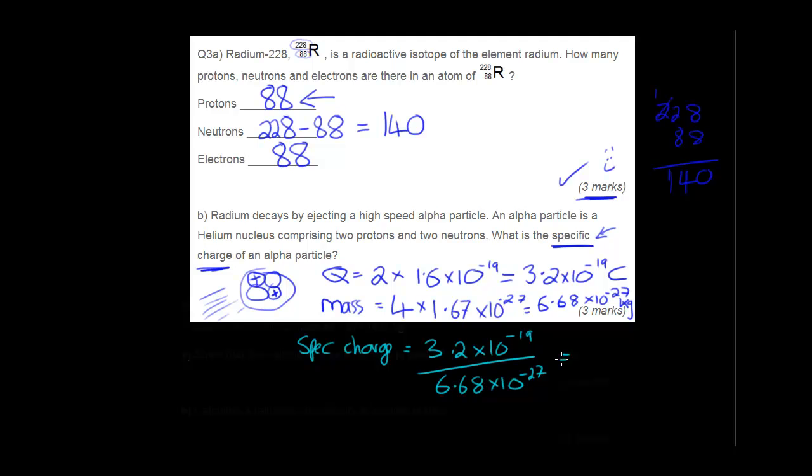And we get 4.79 times 10 to the 7 coulombs per kilogram. Please remember to put units on every number at the end of a calculation or sub-calculation, just so that you know what it is. Fairly straightforward, 3-mark question, should take you about 3 minutes.